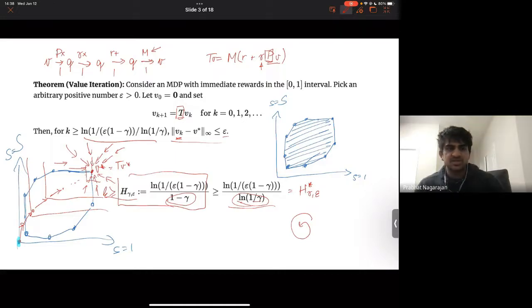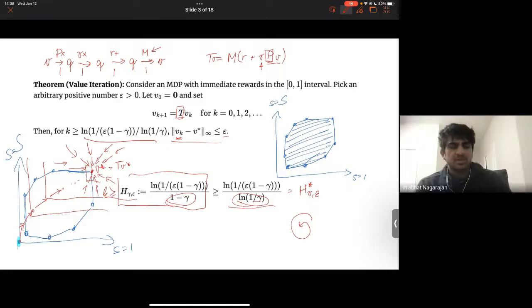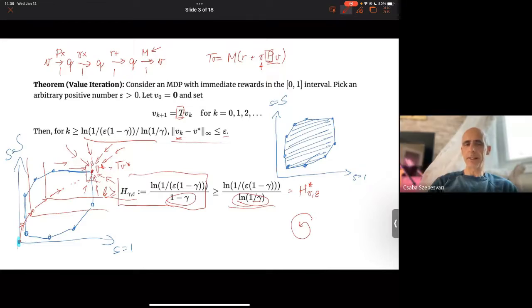So if you happen to know statistics of episode length, would you be able to strengthen these bounds? I don't know what you mean by statistics of episode lengths. So for example, if you knew an episode was going to terminate within 100 steps, then you could just stop value iteration after 100 steps, right? And your error would go to 0. I don't know what you're saying. Let me try to unpack it.